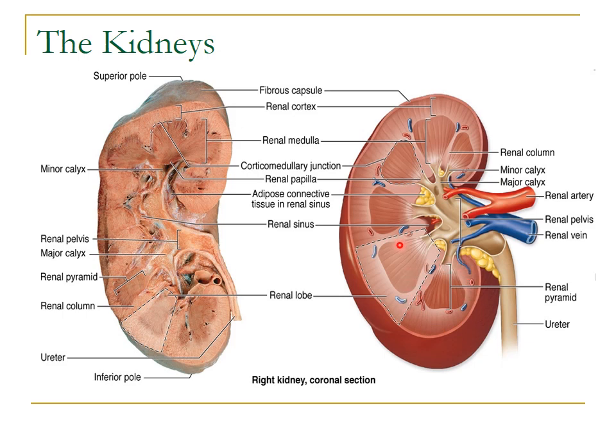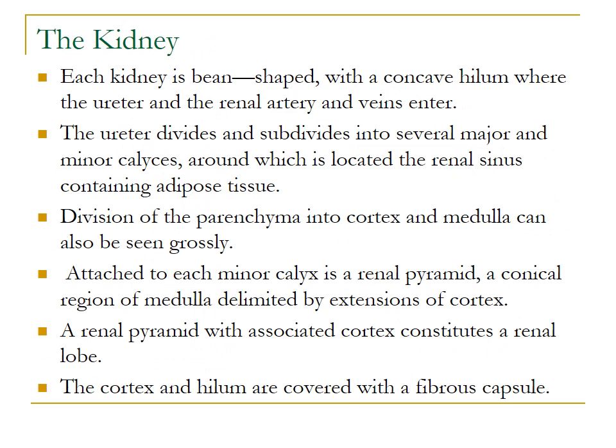The renal pyramid, along with its cortical portion, constitutes a renal lobe. The cortical portions surrounding these renal pyramids are also called the renal columns. The cortical surface and the hilum are covered by the fibrous capsule. So we have discussed this structure.